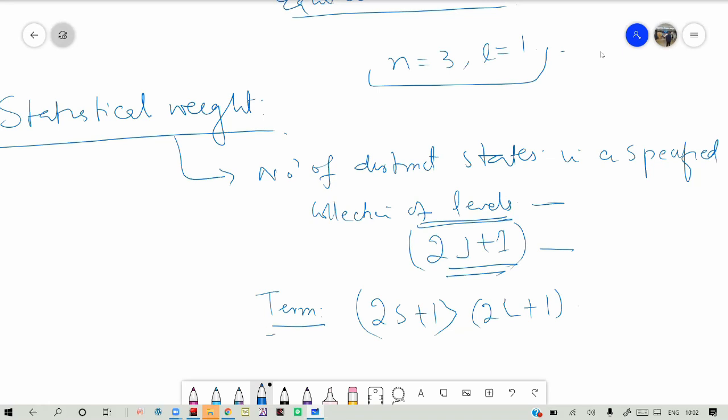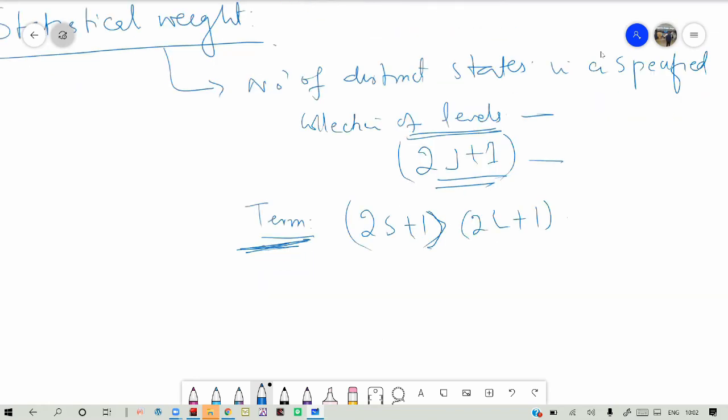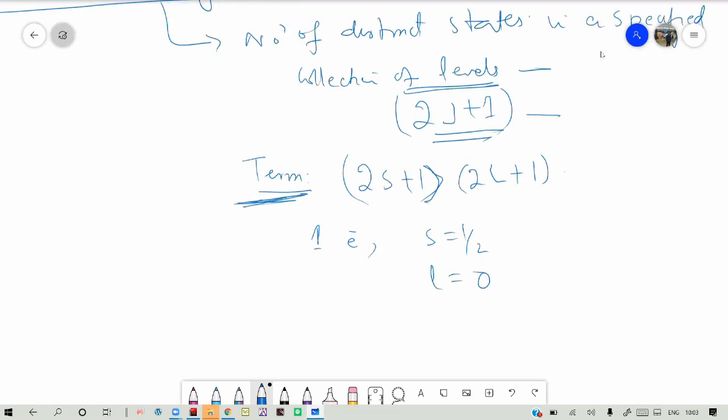And if you want to find the statistical weight of a term, then it is given by 2S plus 1 times 2L plus 1. For example, if you have one electron, this one electron will have S equal to half, L equal to 0. In this case, it is 1.